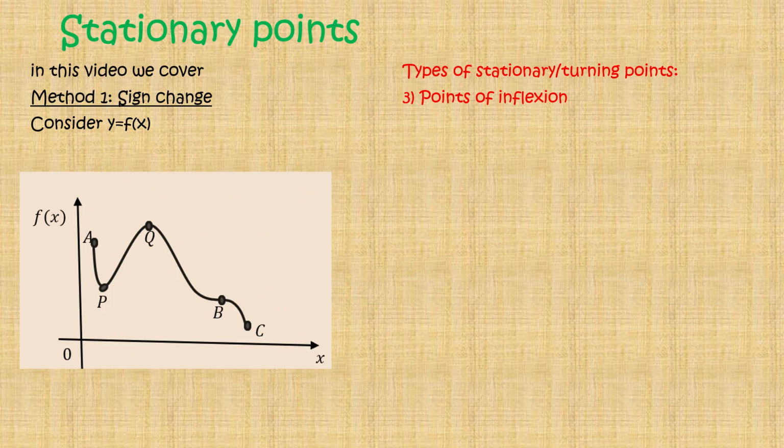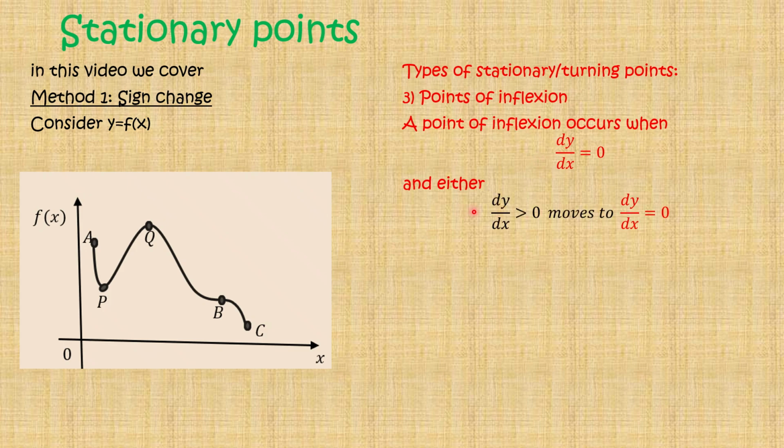Now, a point of inflection occurs when dy dx is equal to 0, and either dy dx is greater than 0, then moves to dy dx equal to 0, where we have that stationary point. Then from there, we get dy dx being greater than 0 again. So it maintains the gradient before and after that particular stationary point.